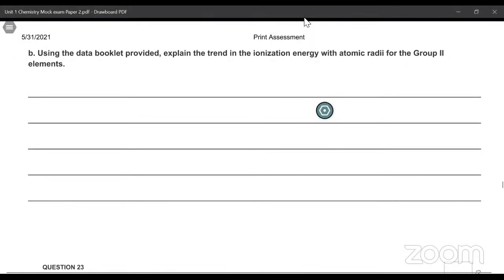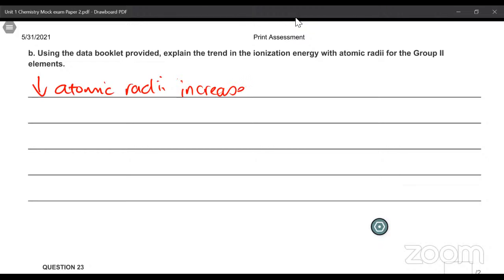All right, so using the data booklet provided, explain the trend in ionization energy with the atomic radii for group 2 elements. Now, first of all, as you go down group 2, the atomic radii increase, right? Therefore, the valence electrons are getting further and further away from the positively charged nucleus.